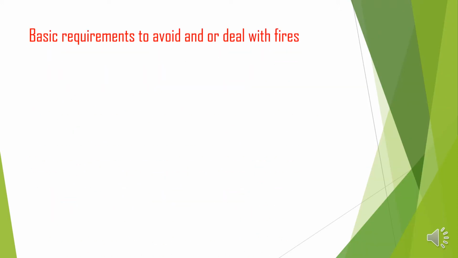What are the basic requirements to avoid and deal with any fire? We have to prepare ourselves inside the facility to avoid, deal with, or stop a fire. We must have exit routes that are adequate in number and not obstructed by anything.